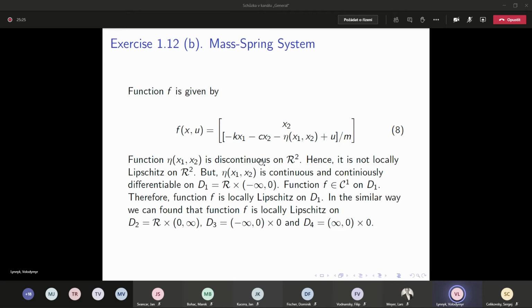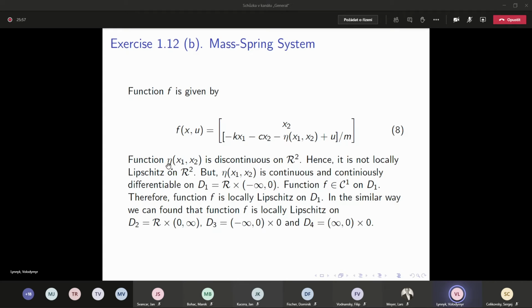Okay, the next example is the mass spring system. x1 dot equal to x2, x2 dot equal to minus kx1 minus cx2 minus function eta depending on x1 and x2, plus u, and divide by m.